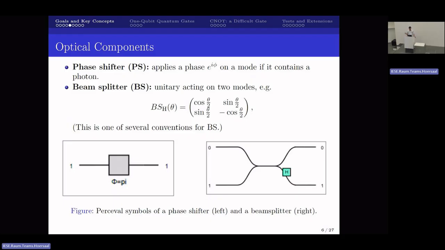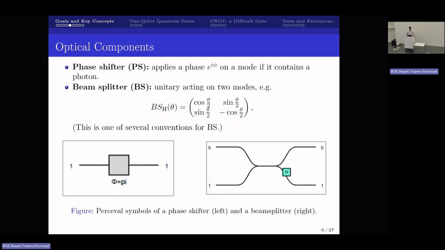This introduces a phase difference with the rest of the system. So if you have 2 modes in parallel and you apply a phase shifter onto one, then if a photon was there, it will slow the photon down and impart a phase onto its Fock state.